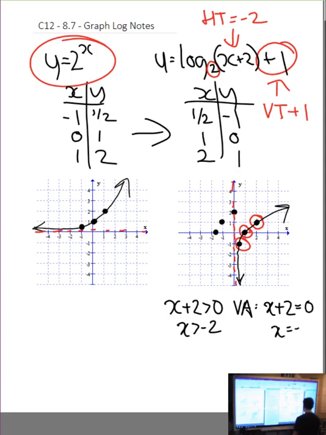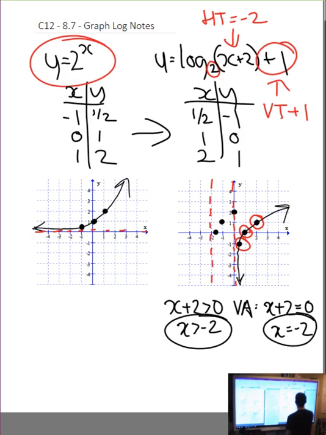So x equals negative 2 for my vertical asymptote and my domain restriction. And for my vertical asymptote, I can put in a vertical dotted line. And we have our new graph close to the vertical asymptote through the points and up. So we have log base 2 of x and log base 2 of (x plus 2) plus 1.